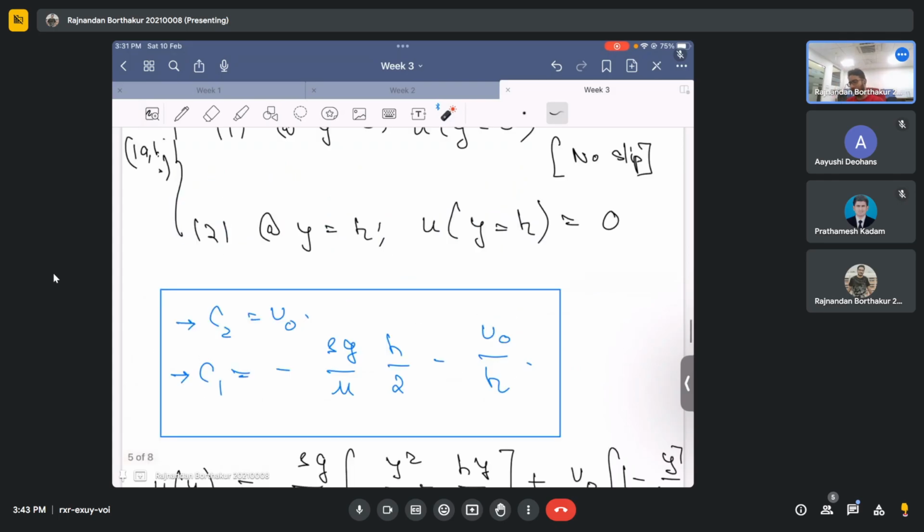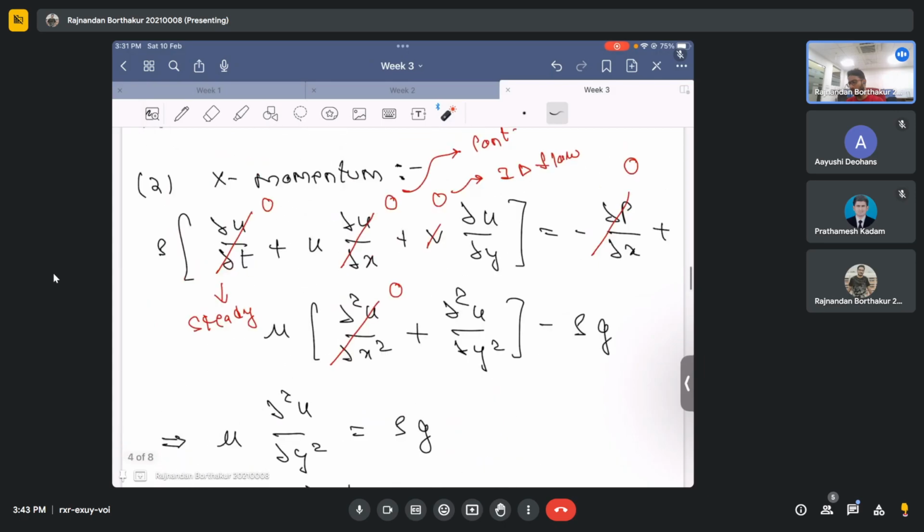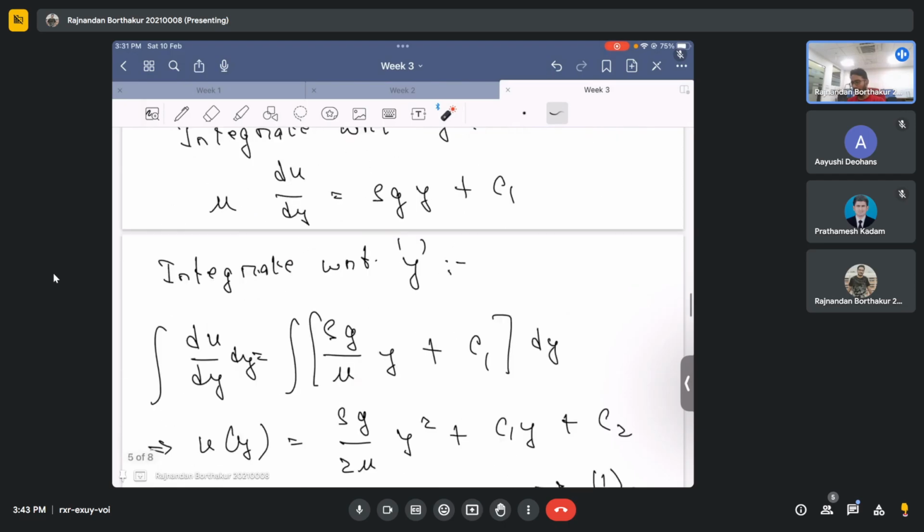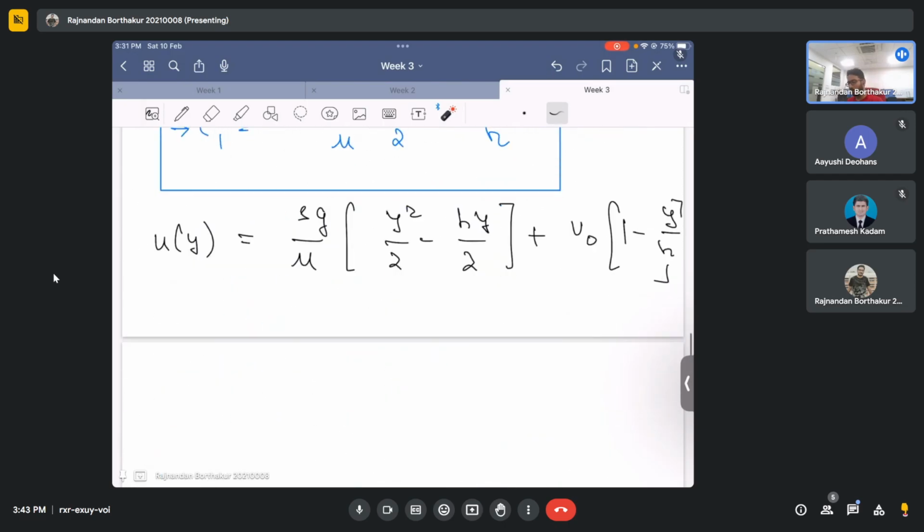And since I have repeatedly said the governing equation is linear, this is again the superposition of the motion of the fluid caused by the movement of the belt in the upward direction, plus the motion of the fluid due to its own weight, the gravity. This is a balance between these two forces, and that's why it comes as two terms in the velocity profile, which of course you have understood very clearly now.